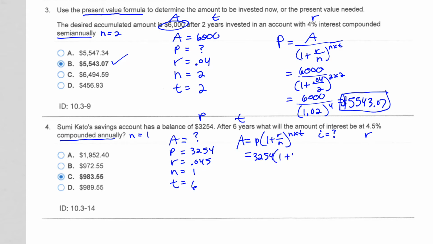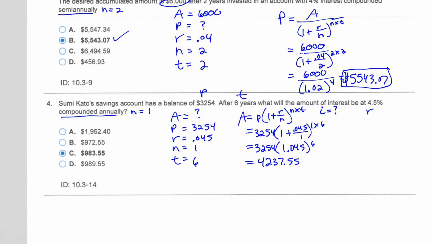Okay, let's put this in. Whoops. So 1.045 raised to the 6th power. This gives us $4,237.55. Okay, guys, so this is not the answer because this is, yes, this is A. This is correct. But the question is how much interest is earned, okay?